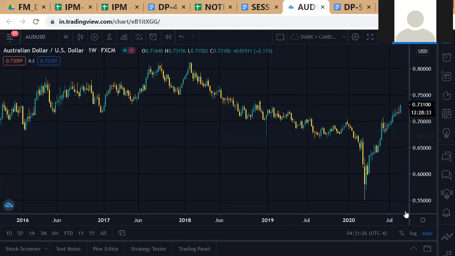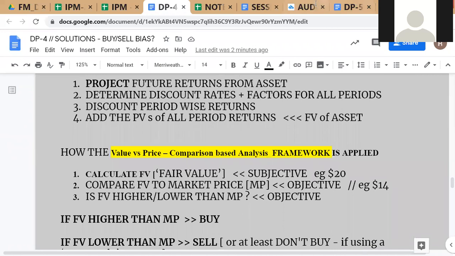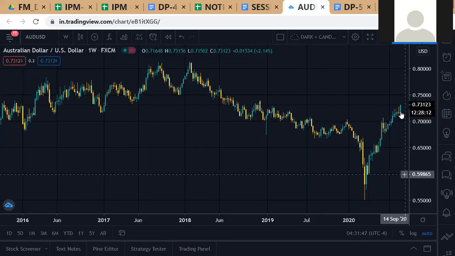If we say Aussie is overvalued, what we mean is that, let's say my estimate of fair value of the Aussie dollar is 60 US cents, based on a similar kind of calculation using a fair value model. Then I will say Aussie is overvalued because the market is trading at around 73. What do I actually mean? That the market price of the Aussie is too high relative to my estimate of fair value.